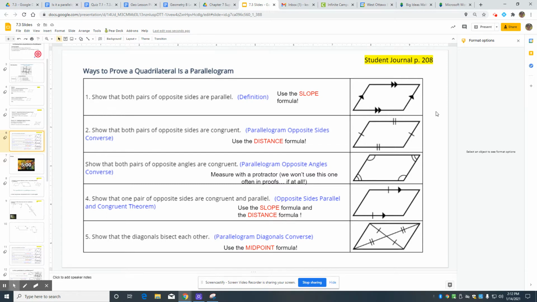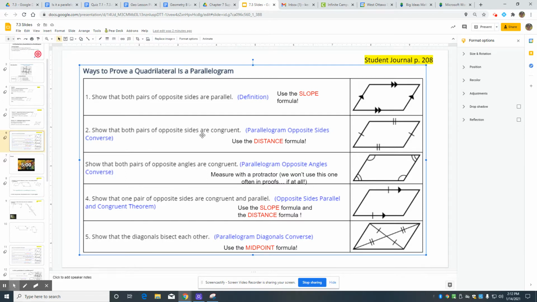As we look at some of the problems, these are some of the ways we can know that a quadrilateral is a parallelogram. One thing we can look for is this second way. If we know that opposite sides are congruent, then we know it's a parallelogram. For the third way, if we can see that opposite angles in a quadrilateral are congruent, then we know it's a parallelogram.